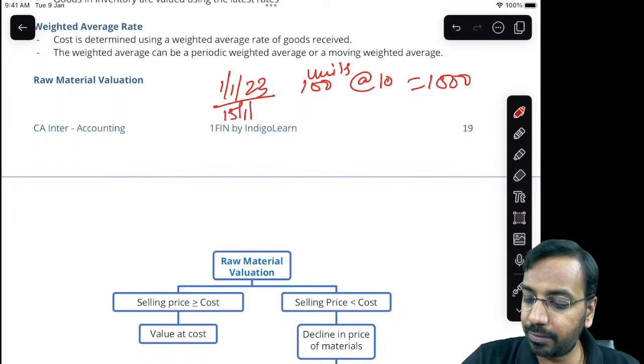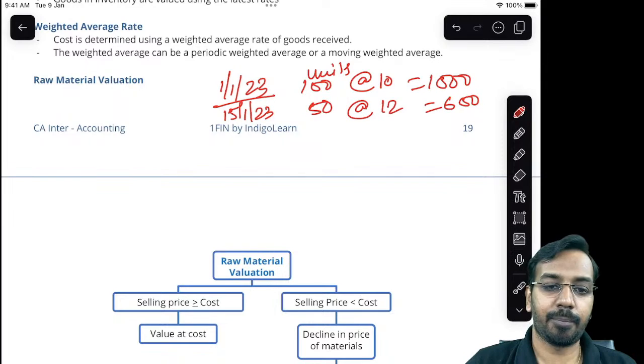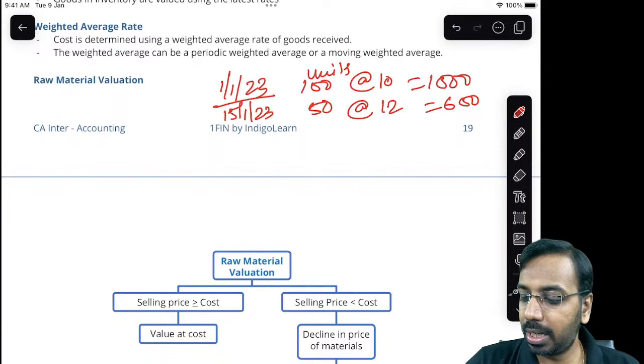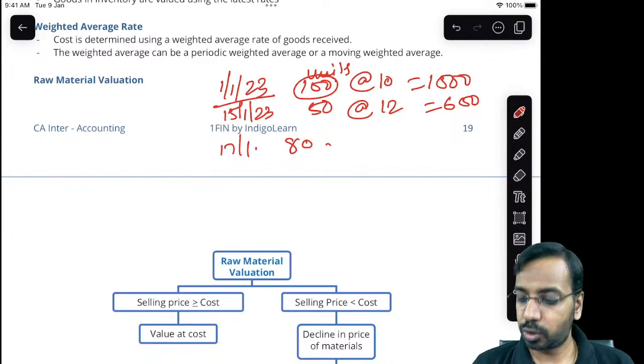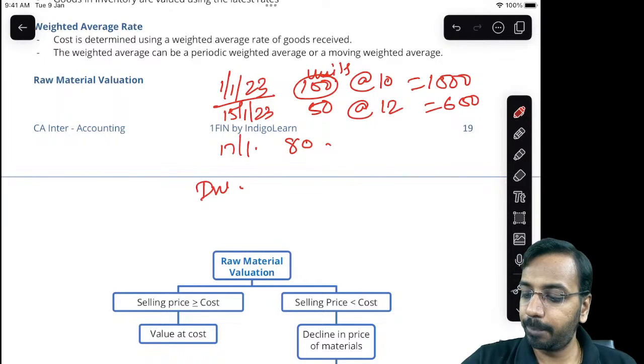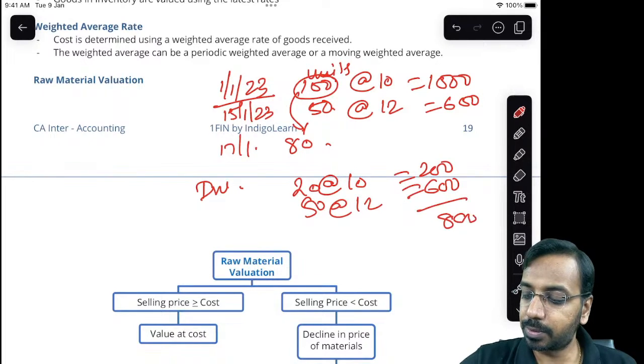On 15th January 23, you got 50 units at, let us say, 12, which is 600. When you sell 80 units on, let us say, 17th January, you will assume that you have sold from the first 100 units. So the inventory will be 100 minus 80, 20 at 10, which is 200, and 50 at 12, which is 600. So 800 becomes the inventory.